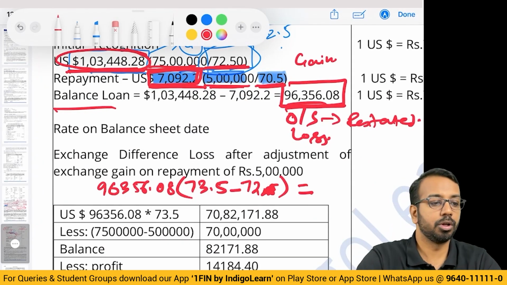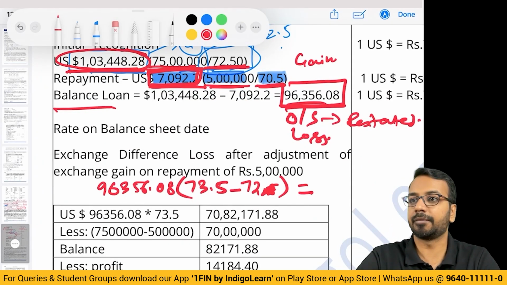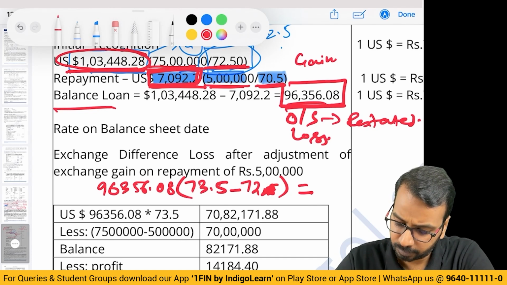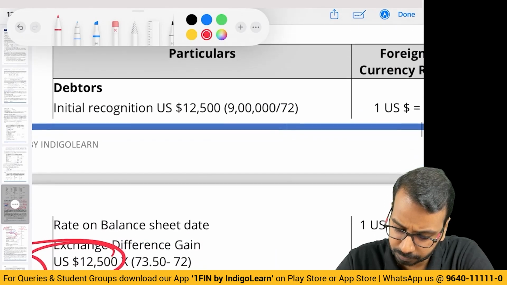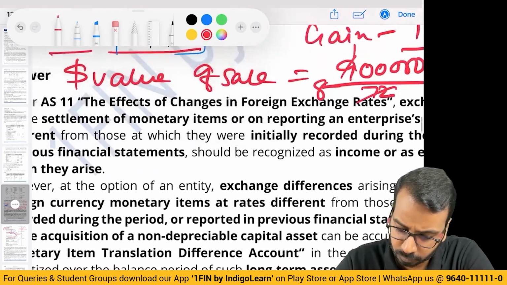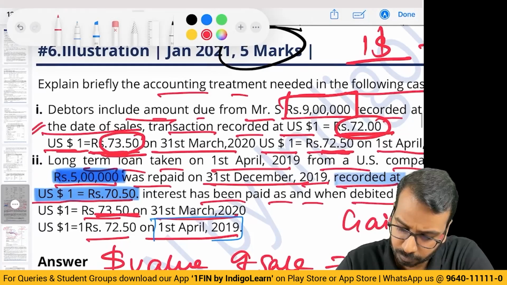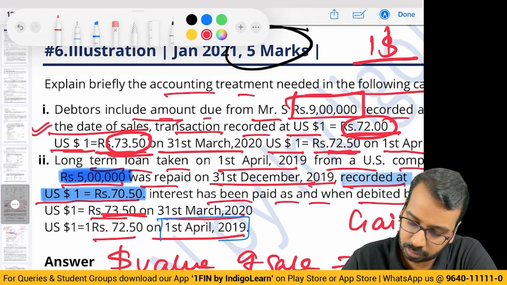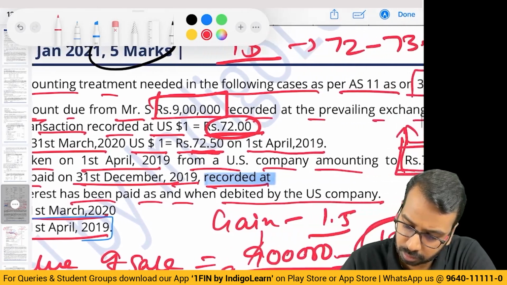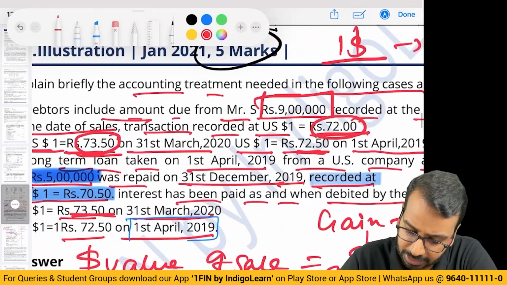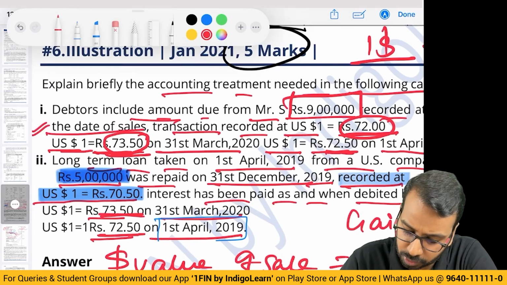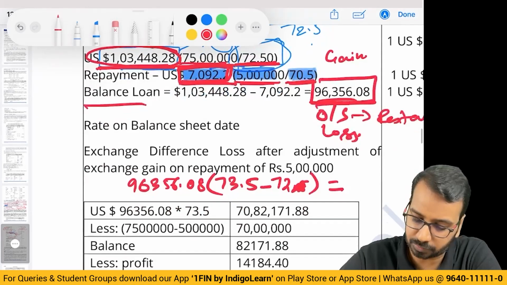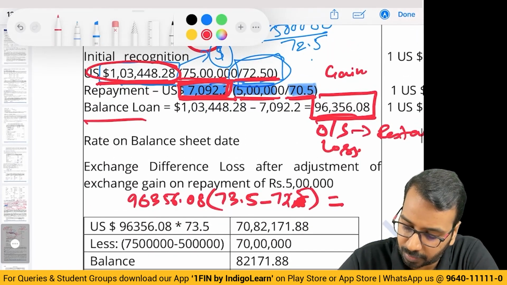So this multiplied by 1.5. Did I miss out something? Loan was taken at 72.5 and the closing rate is 73.5, not 72. I don't know why I took 72. I got confused because of this. So it is 72.5 only.